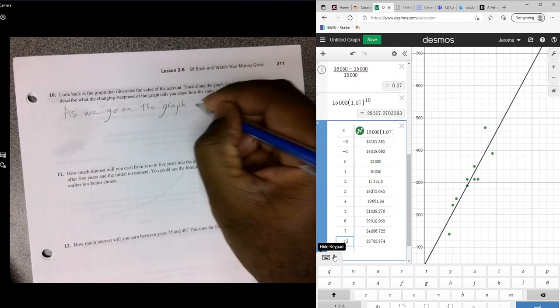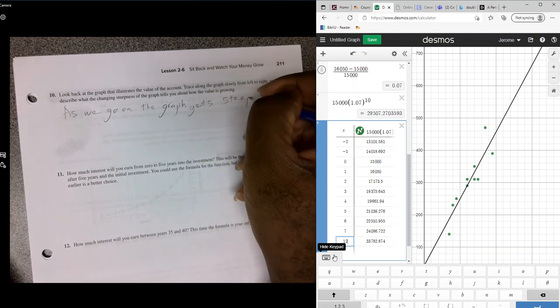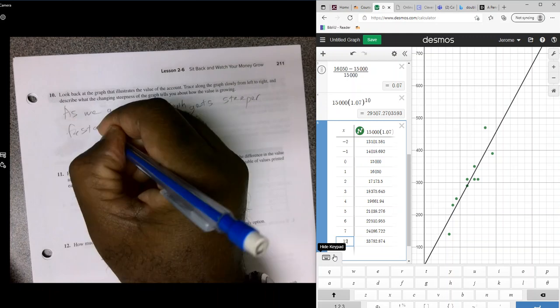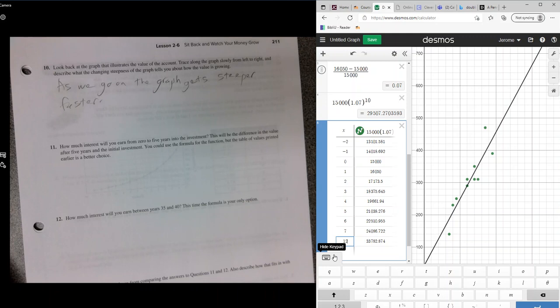So it says here, how much interest will you earn from 0 to 5 years into the investment? This will be the difference in the value after 5 years and the initial investment. You could use the formula for the function, but the table of values printed earlier is a better choice.